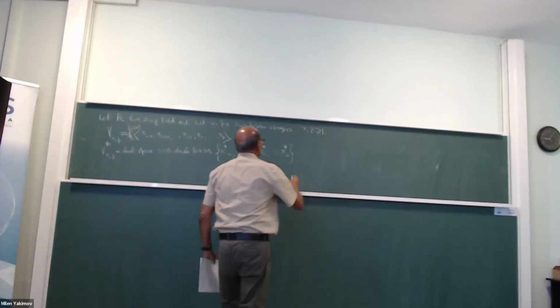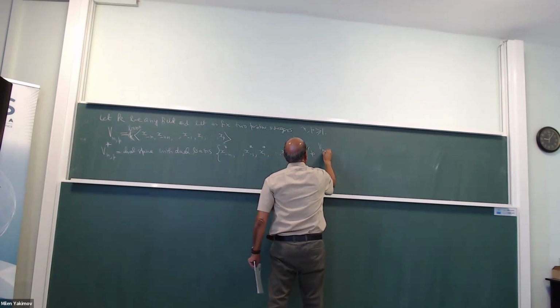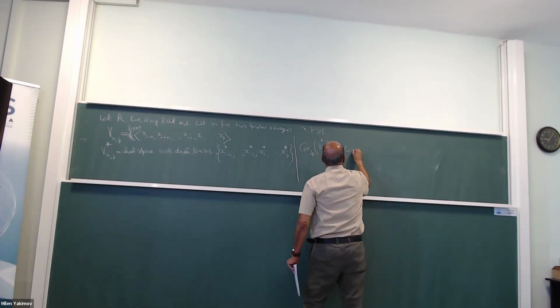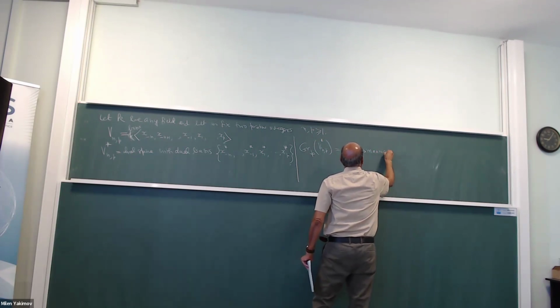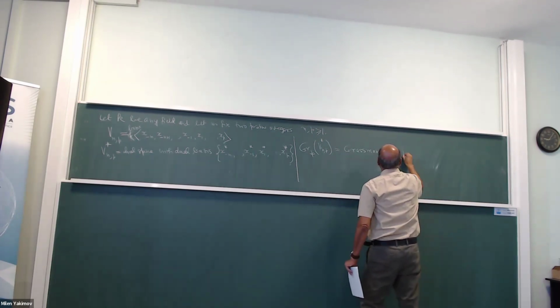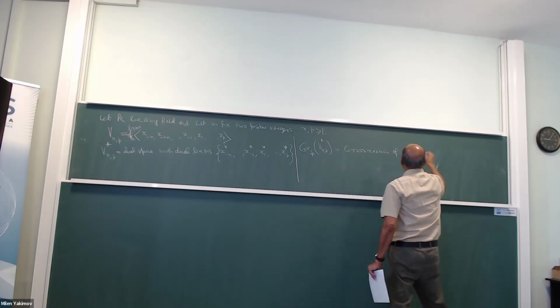Now let's take the Grassmannian of p-planes in V and V star. So this is the Grassmannian of p-planes in this vector space.